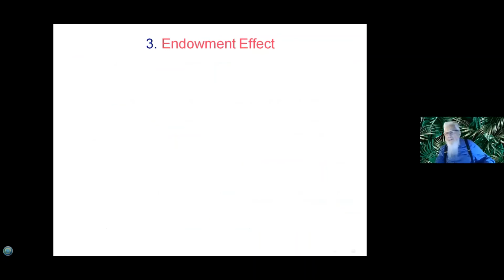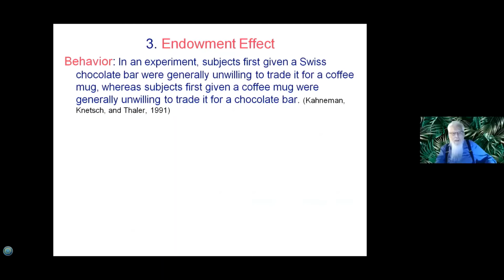The endowment effect. Okay, the behavior is as follows. In an experiment, subjects first given a Swiss chocolate bar were generally unwilling to trade it for a coffee mug, whereas the subjects first given a coffee mug were generally unwilling to trade it for a chocolate bar.